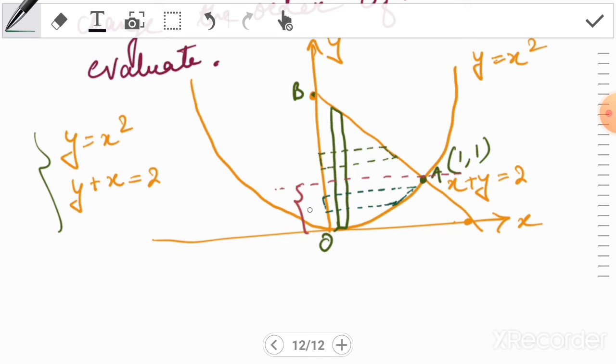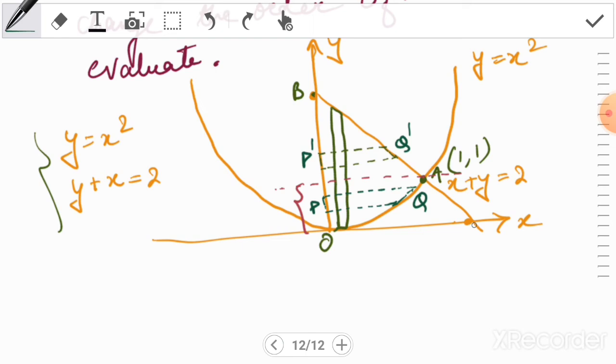If this is P and this is Q, notice that P lies on the y-axis and Q lies on y is equal to x square. Above this line, P lies on the y-axis and Q lies on the line y plus x is equal to 2.